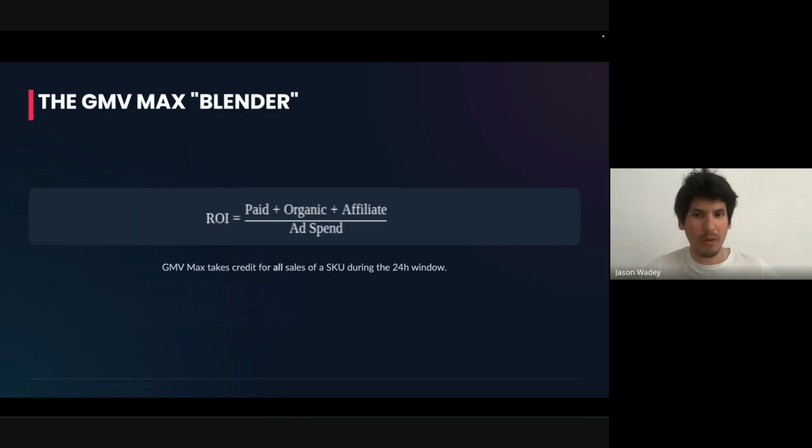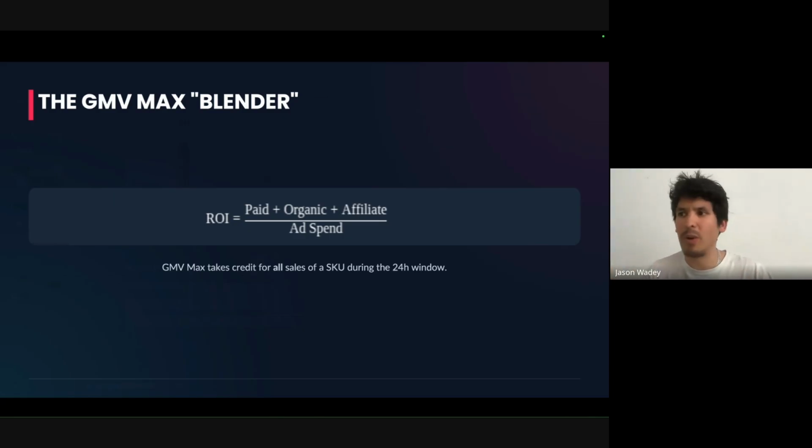So it will look at all of your brand videos, the ones with product cards, the affiliate videos, etc. Takes that all into consideration. All you do in general is put a specific ROAS goal, specific spend goal, and just let TikTok do its thing.